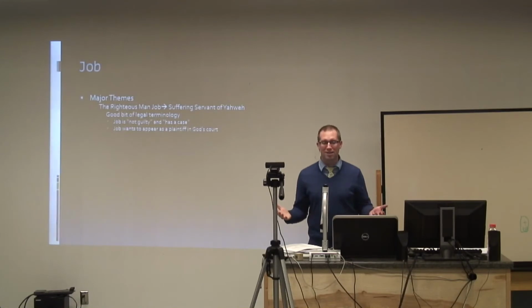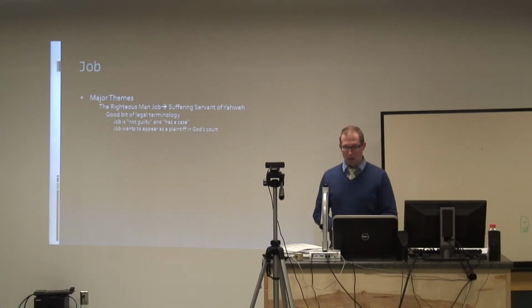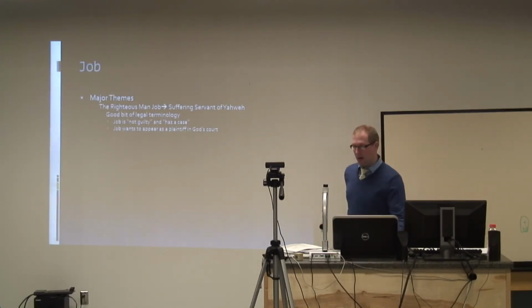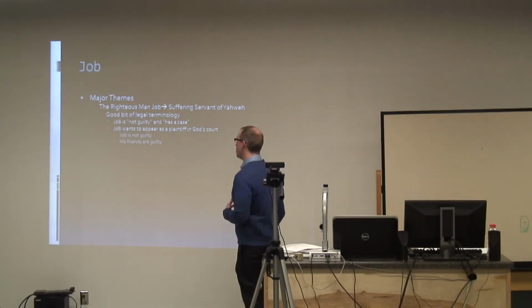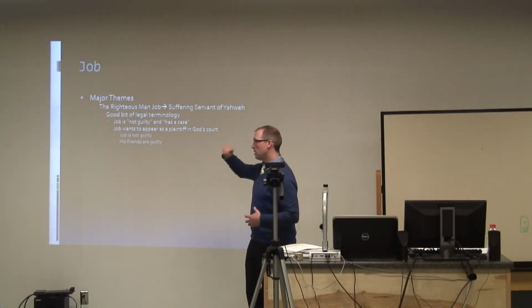And Job's response is, I'm not guilty. I would call for a case before the Lord's court. Job is not guilty, and his friends, on the other hand, are guilty. So there is a good bit of legal terminology that comes out to demonstrate Job's innocence, even though he's suffering.